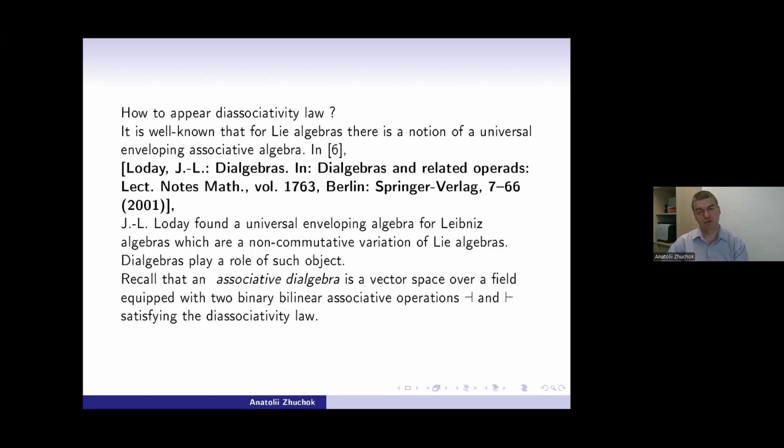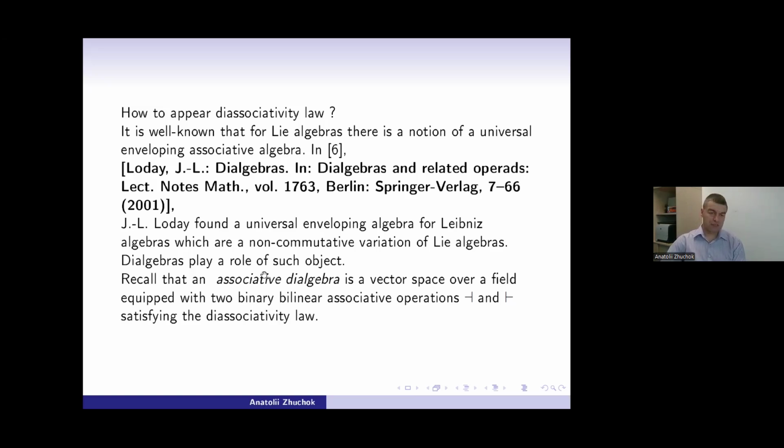So Loday, for Lie algebras, constructed the universal enveloping associative algebra. You can see this paper, and this object he called a dialgebra. So the universal enveloping algebra for a Leibniz algebra is a dialgebra.